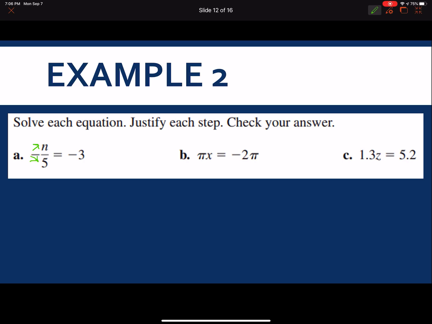I prefer to put it with the number value, so if I want to think about this like -5, then I can get rid of it when I do my multiplication property of equality step. So they're dividing n by -5. In order to solve that, I'm going to undo the division by multiplication. So I am going to multiply both sides by -5.